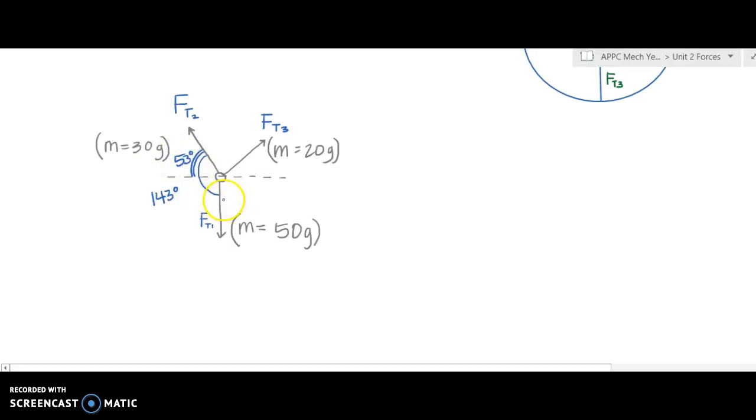All the way from 0 to this third cord was 239 degrees, and then this would be from 239 to 270. 270 minus 239 is 31. So far, so good?